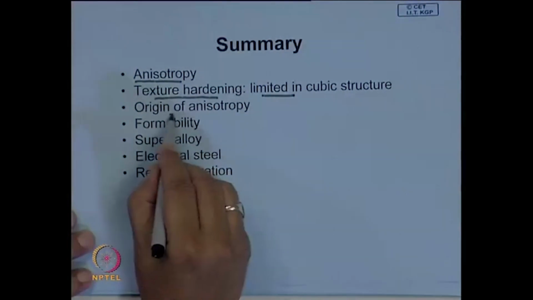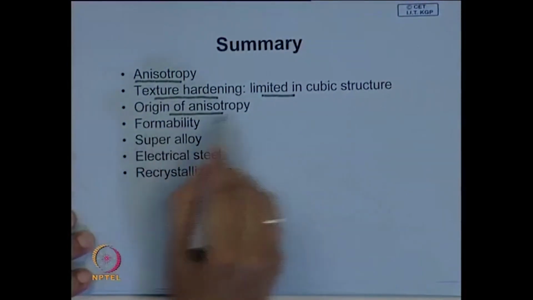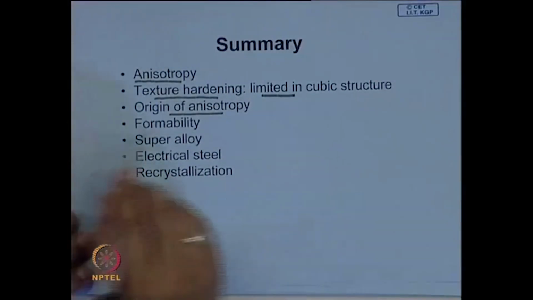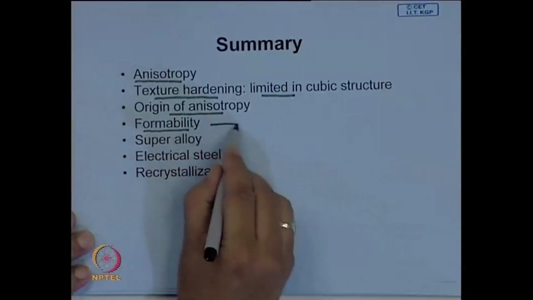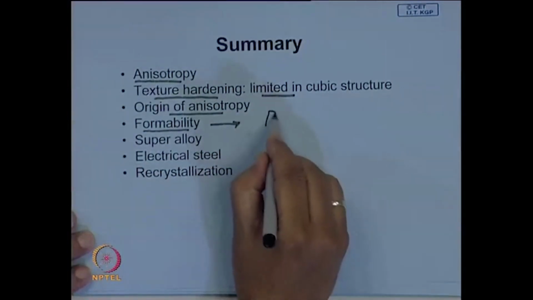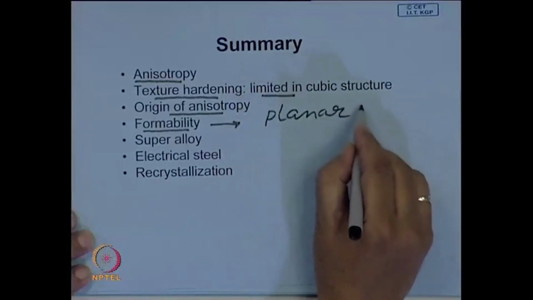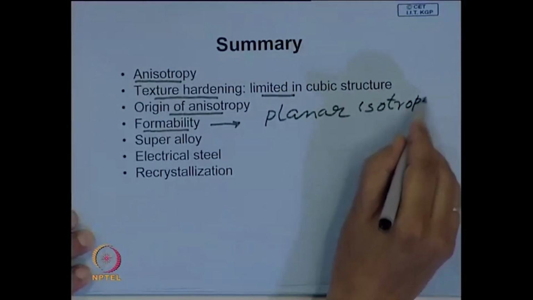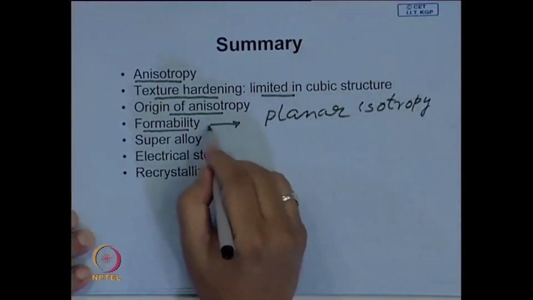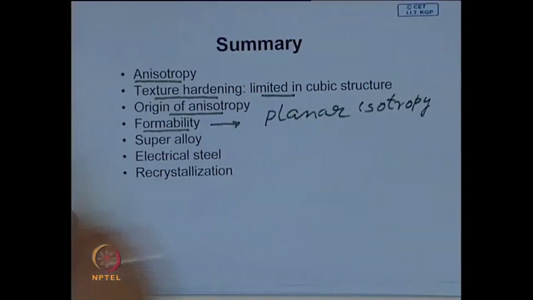We looked at the origin of anisotropy, and at other applications where anisotropy is required. Formability is an example where you need planar isotropy but through thickness anisotropy, so you need a special texture developed in the material.